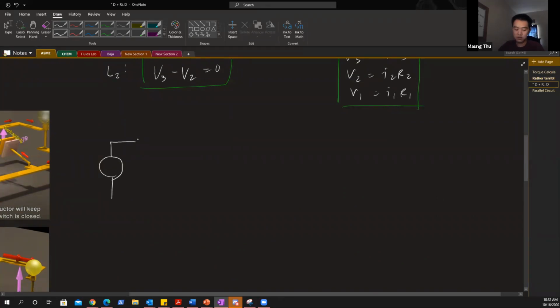There are little shortcuts, a little caveat to your circuit analysis class, if you didn't take it already. I'm putting a lot of resistors on purpose.